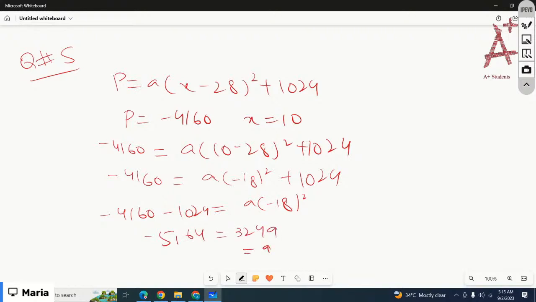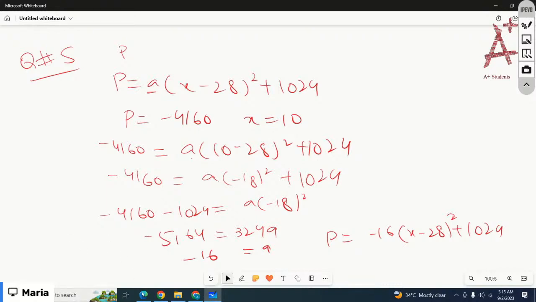Just divide both sides by 324, and it would be negative 16, right? The model for her profit: this is the value of a, so just replace a with the value. P equals negative 16 times x minus 28 whole squared plus 1024, right?